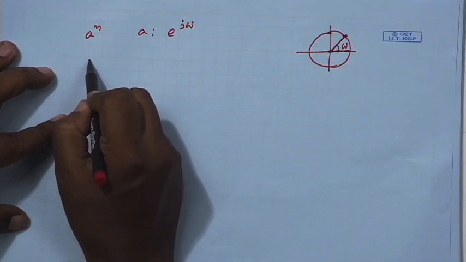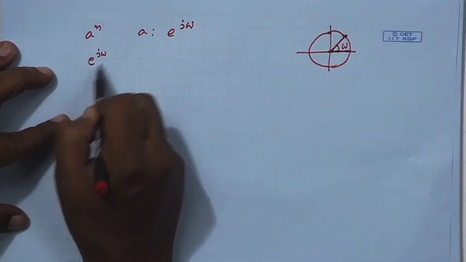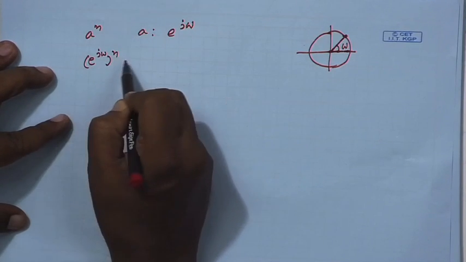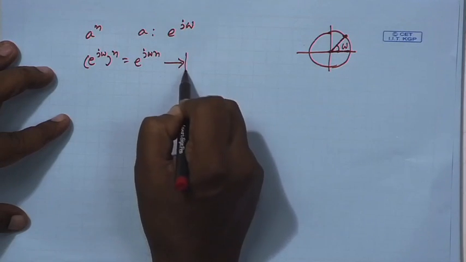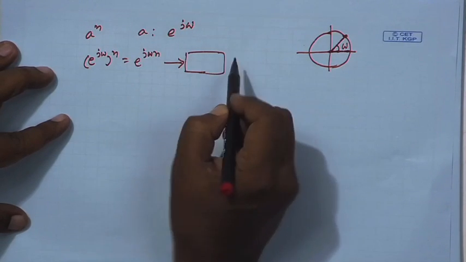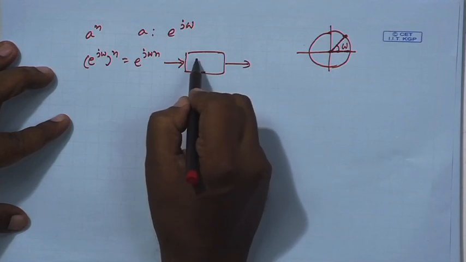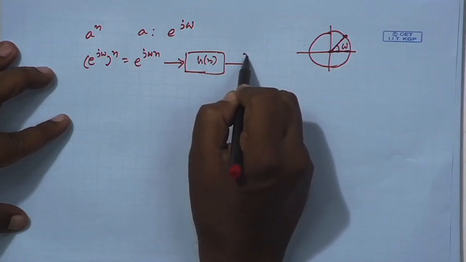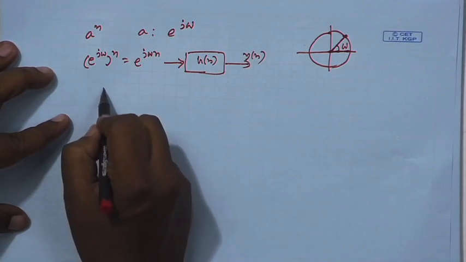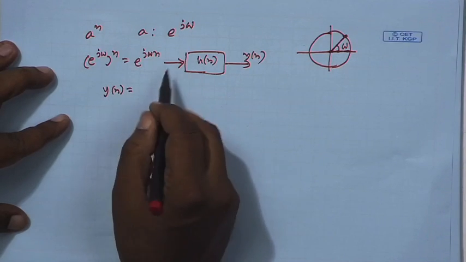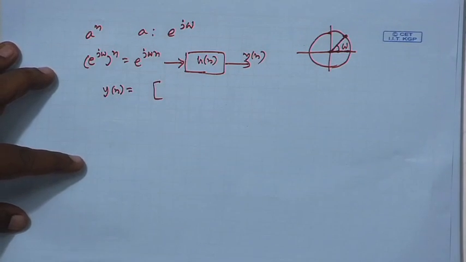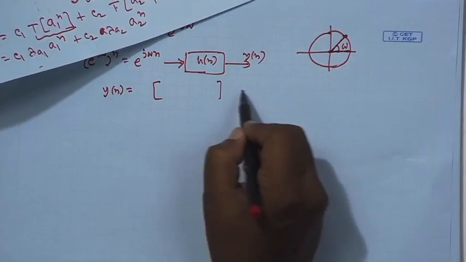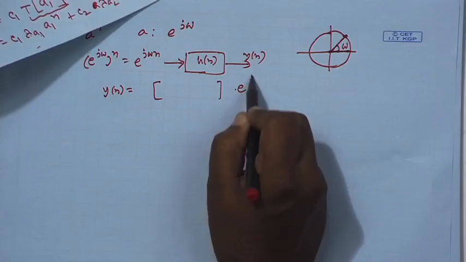If I give that as input, that is e to the power j omega whole to the power n, which is nothing but e to the power j omega n, to a linear and shift invariant system, what will y n be? I know from this, y n will be an eigenvalue times e to the power j omega n only.